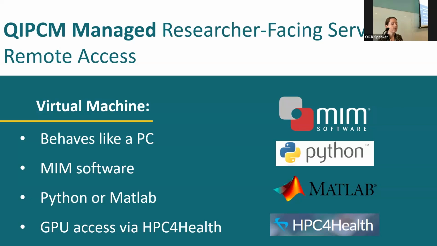Some of the common software used are MIM, Python, 3D Slicer, and MATLAB, and any of these can be installed at the user's request. We can also install many other different software if there's a specialty software that the user needs. Through the VM, they can access their data. Oh, and we can also provide access to the local compute cluster if they need GPU access as well. So that's HPC for health.